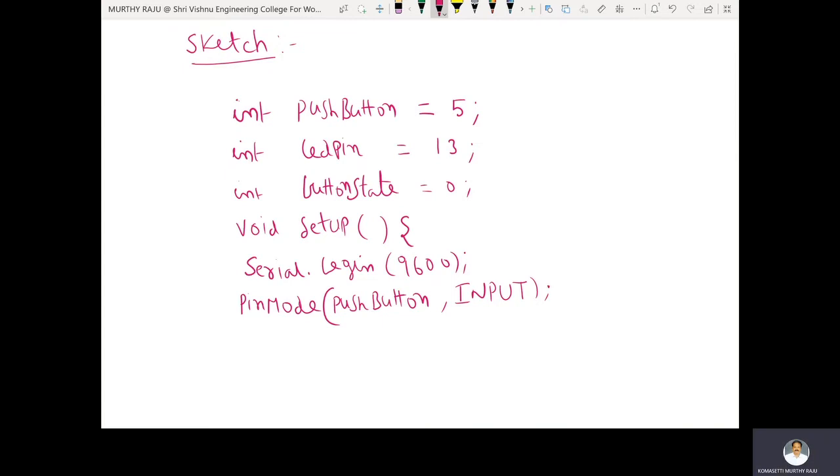Based on the pressed or unpressed state of the push button, how to glow the LED. That means our output. Therefore, input is the push button, output is the LED blinking. Pin mode, LED pin, comma, output.